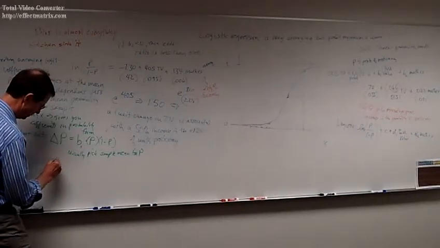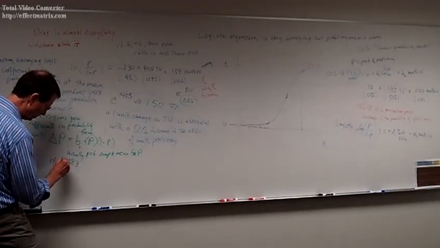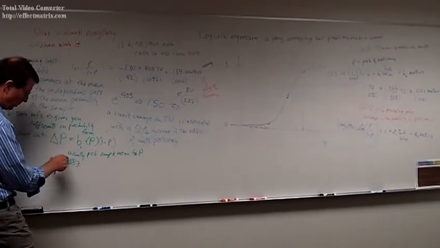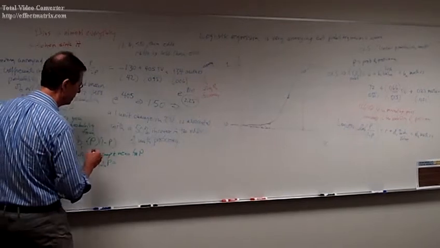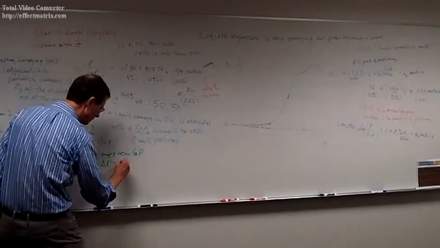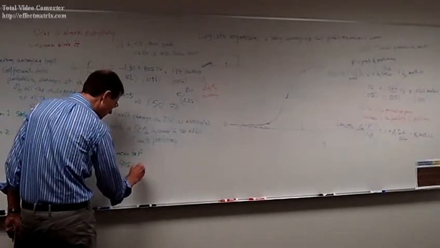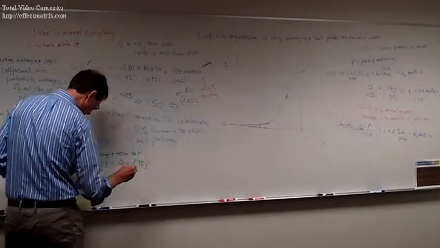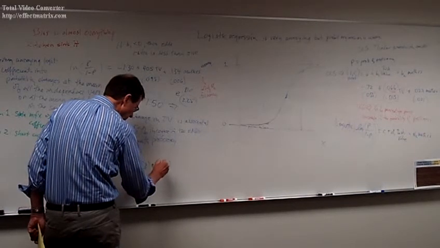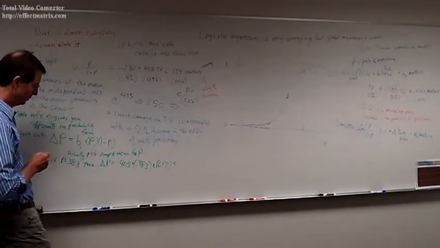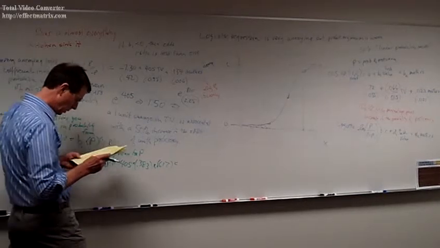If P equals 0.383, which is the average proficiency in the sample, then this delta P is going to be 0.405, which is the coefficient that we get from the log odds regression, times 0.383, which is the baseline probability, times 0.617, which is just 1 minus 0.383, which gives us 0.096.